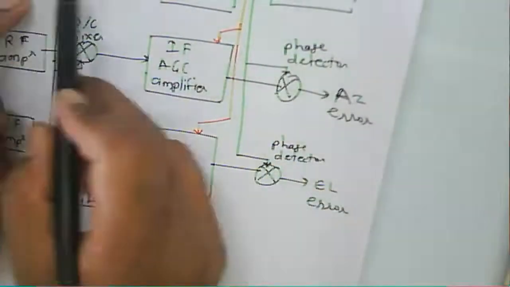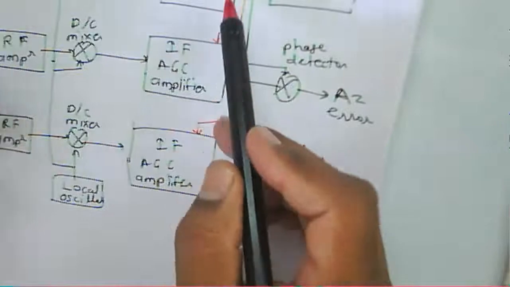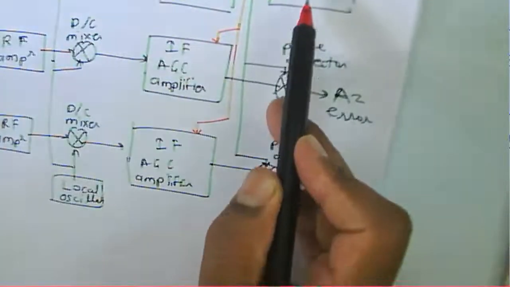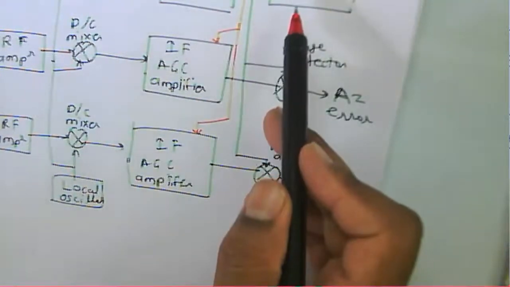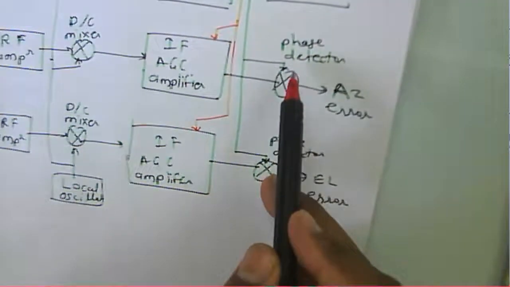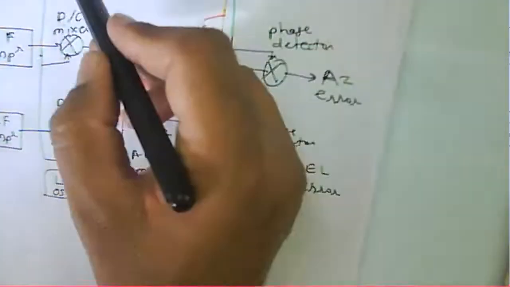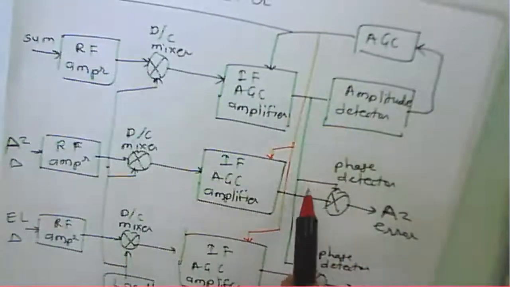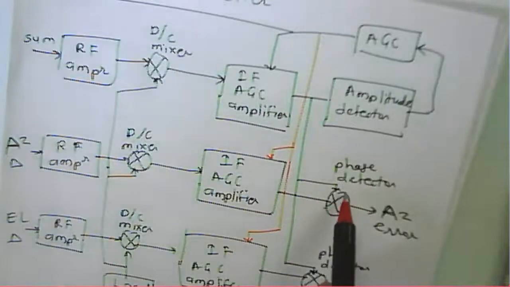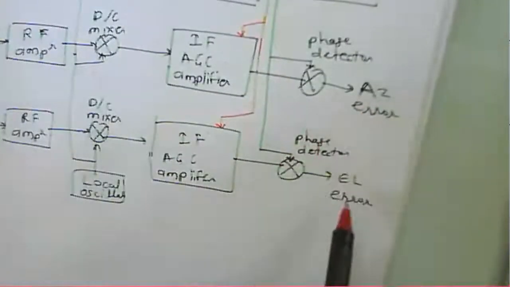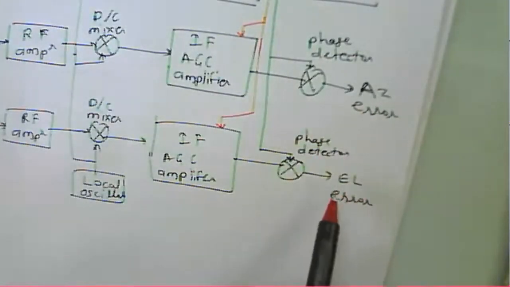So the sum signal again provides the reference to this IF AGC, so that will give a reference signal to the phase detector there. Now the sum signal IF AGC gives the reference to this phase detector, and that will provide tracking of the difference in the azimuth error or the elevation error there.